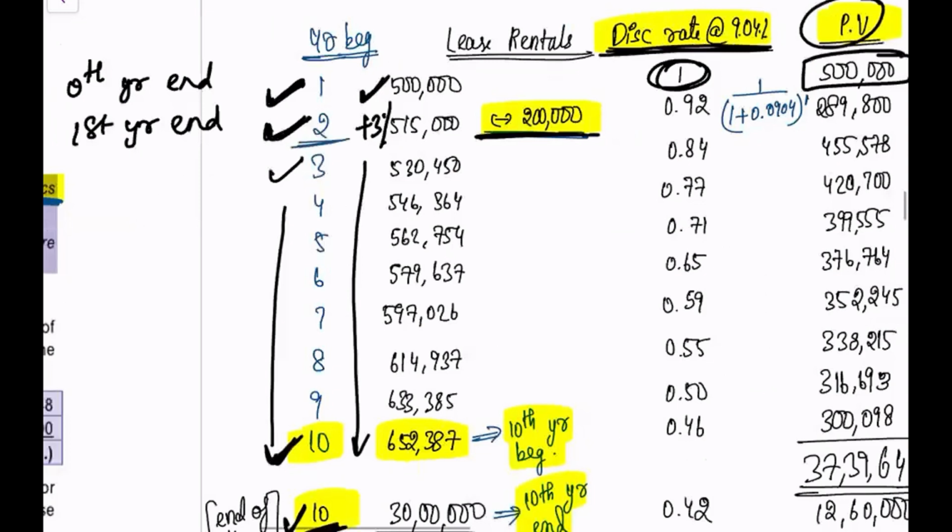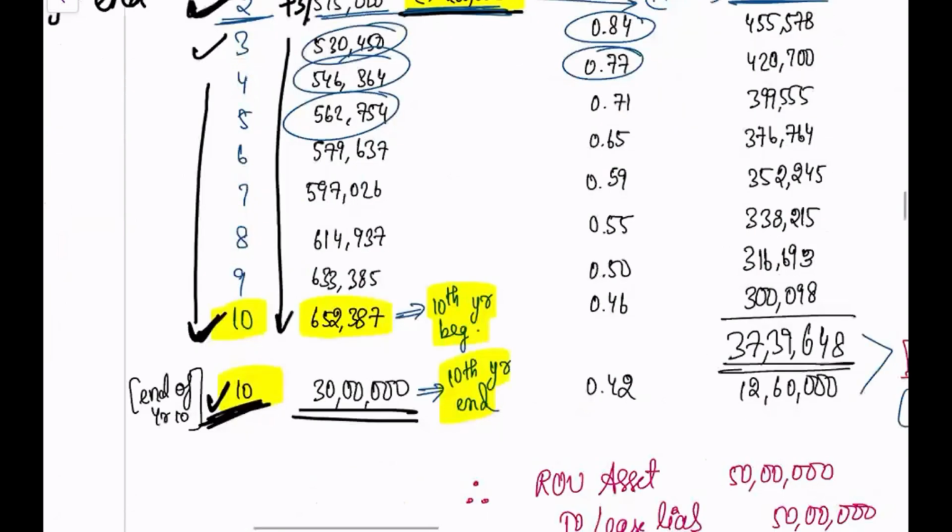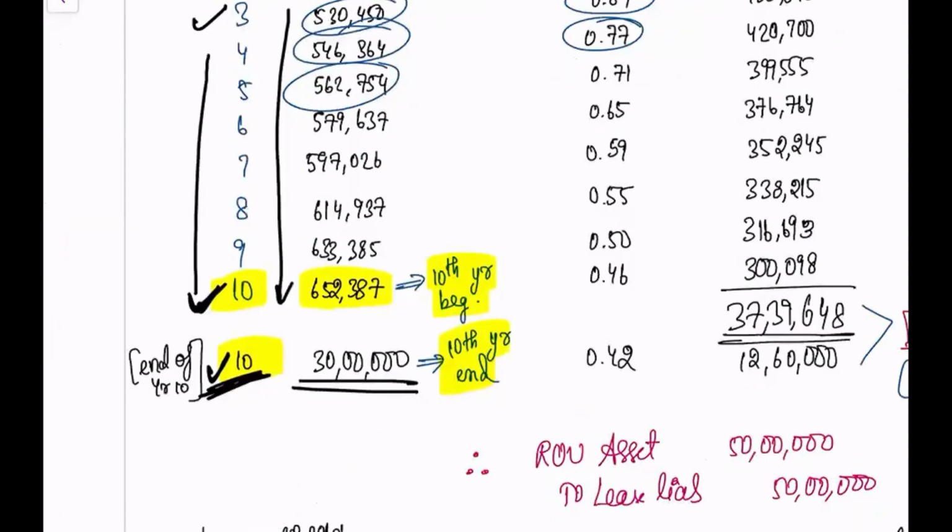So accordingly, you will multiply these both. You will do 5,15,000 minus 2 lakh, and the pending value you will multiply and find out your present value. And the same way, you will increase every year 3%, and find out the discount factor accordingly and find out your present value until the 10th year beginning.